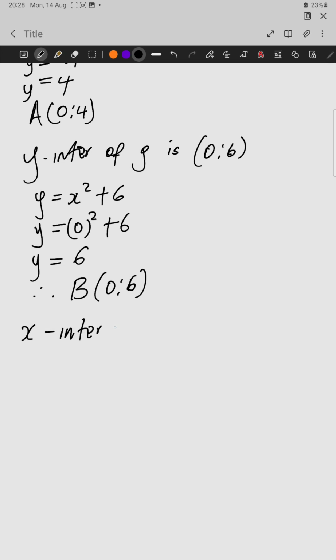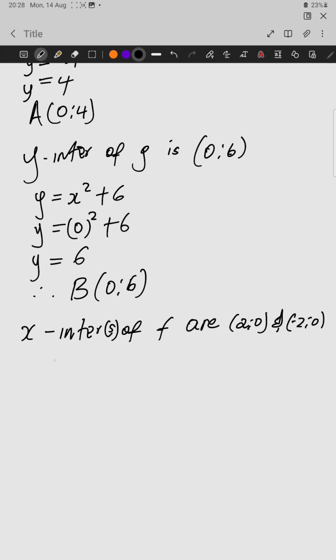So the x-intercepts of f must be 2, 0 and -2, 0.